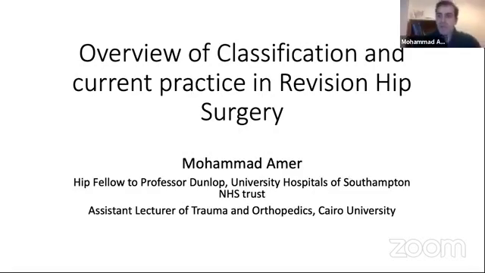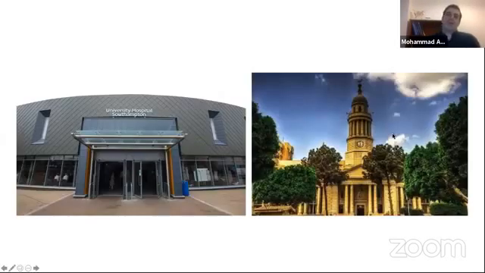First off, Assalamu alaikum. I would like to thank Professor Ashhab and Banha University Trauma and Orthopedic Department for this kind invite and opportunity. My name is Mohammad Amer, and I'm the current hip fellow to Professor Dunlop at UHS. I would also like to confess that I am a double agent, as I'm an assistant lecturer of trauma and orthopedics, Cairo University Hospitals. So you can think of our presentation today as a two-course dinner.